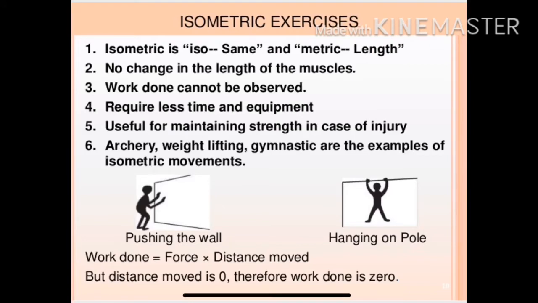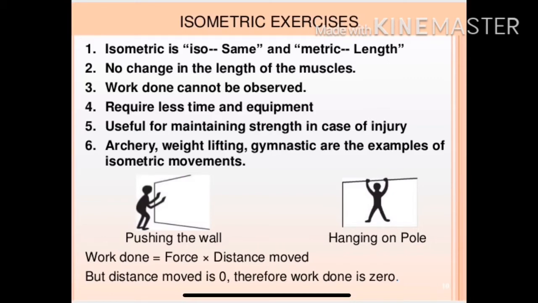The word isometric came from Greek, in which iso means same and metric means length or size, which means same length or size. There is no change in the length of the muscle, the length remains the same, work done cannot be observed, it requires less time and equipment, and is useful for maintaining strength in case of injury.